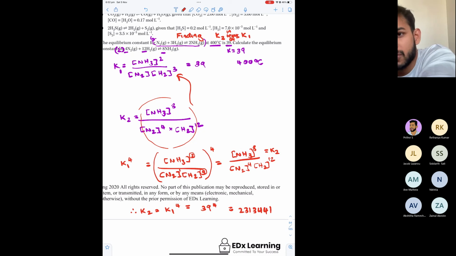K2 is such a huge number, which is telling you the concentration of products is, more or less, units, tens, hundreds, thousands, 10,000, 100,000, millions. This would be a good lottery win, but it's 2 million times greater than the reactant concentration. Rule of thumb. Very good.